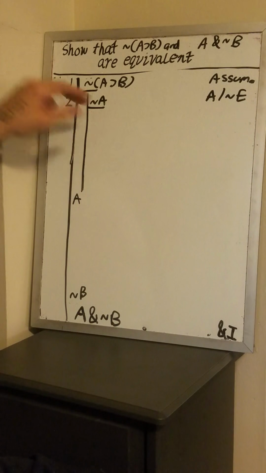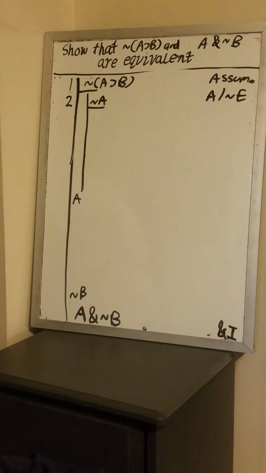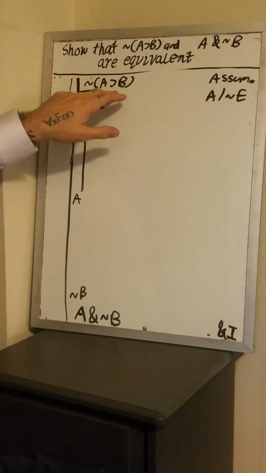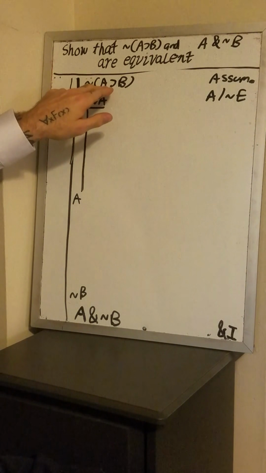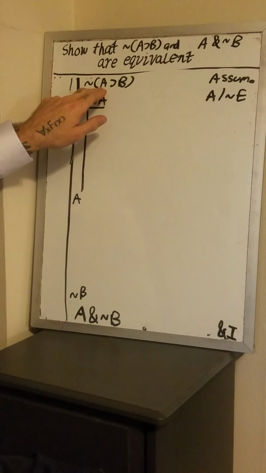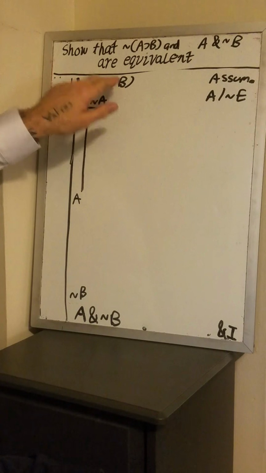We're going to show that a contradiction follows from not A. Now, how might we get a contradiction? There only seems to be really one thing to do here, which is to show that we can get A therefore B in here and get a contradiction with not A therefore B.